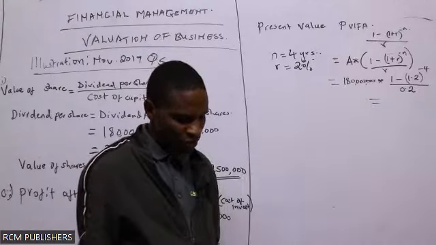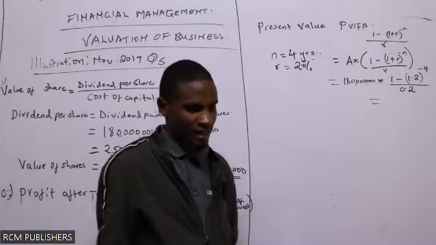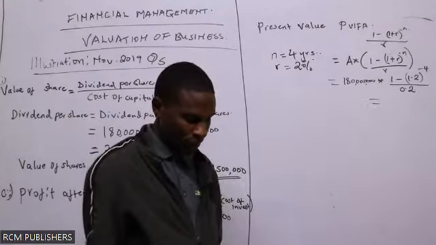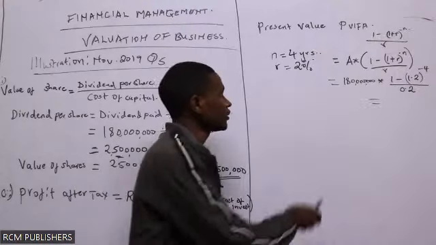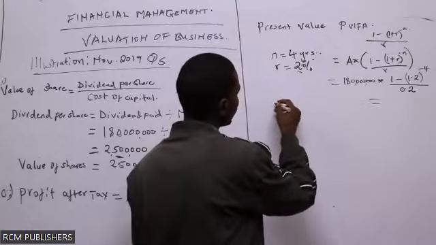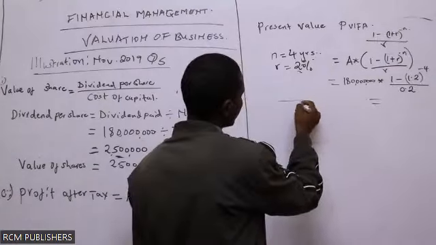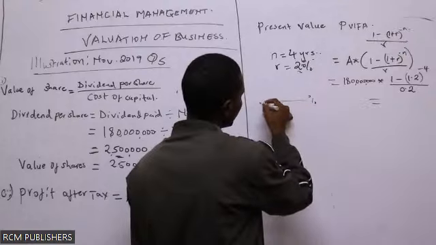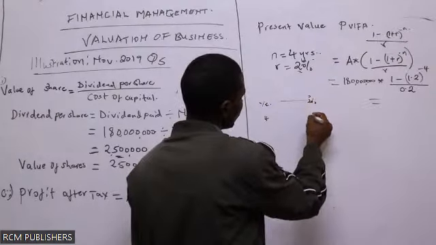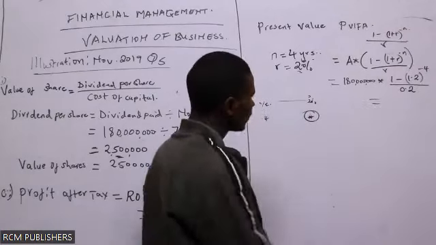At the back of that paper, you can see the table gives us where we have 20% and then 4 years. So 20 here. Just leave this value here.